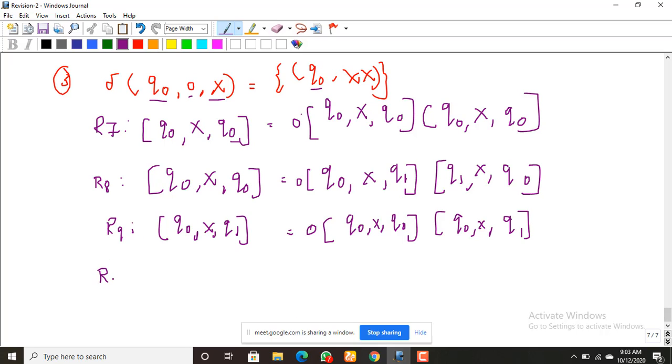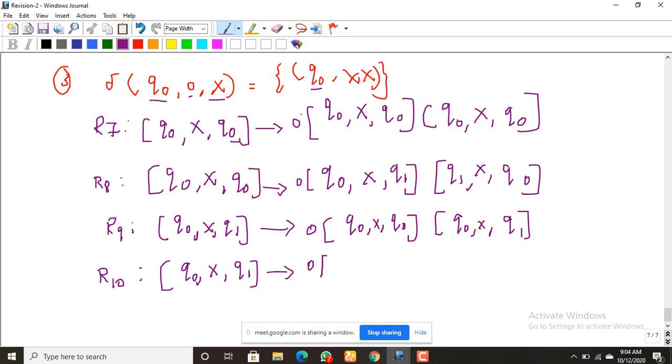Next, rule number 10: Q0 X, Q1. This is the production rule.